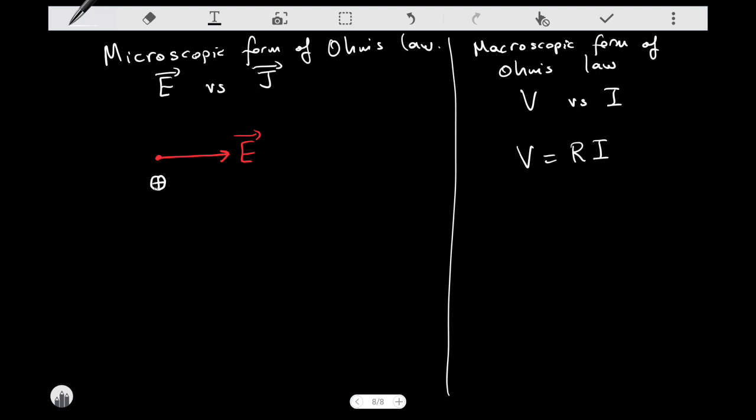It doesn't depend on the size of the wire and the potential drop or the total current and so on. This charge carrier only feels the electric field at the location it is. So therefore, the mechanical behavior of that charge carrier depends only on that electric field.